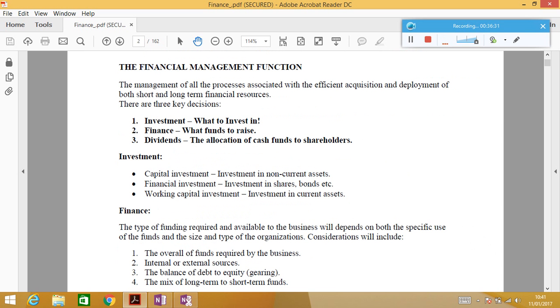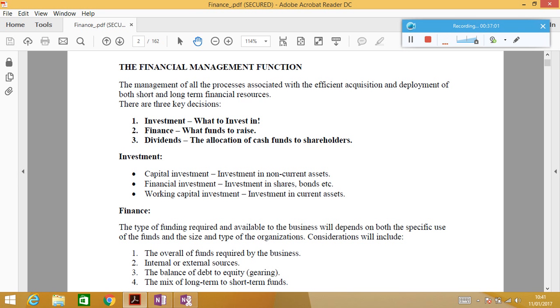financial management function. Look at the first one, investment. What to invest in? You have to think, when you open up a business, what type of investment we should do. So we have three types of investment here, guys.